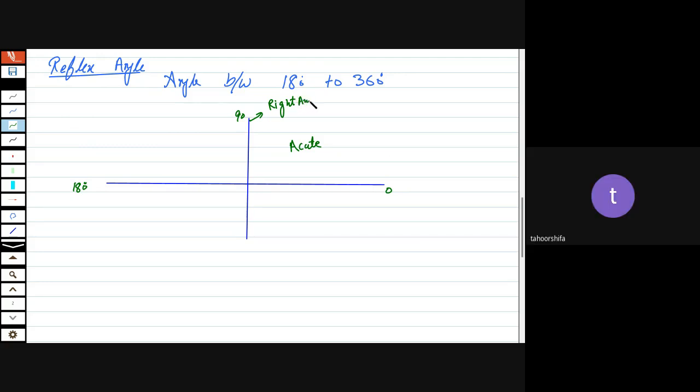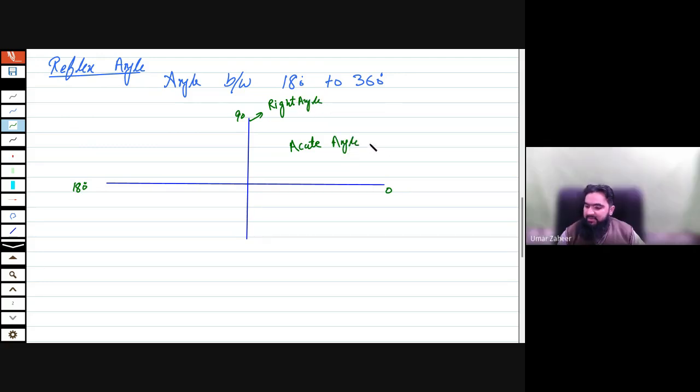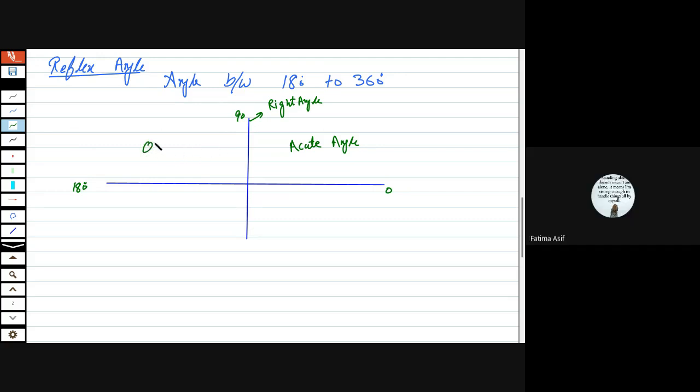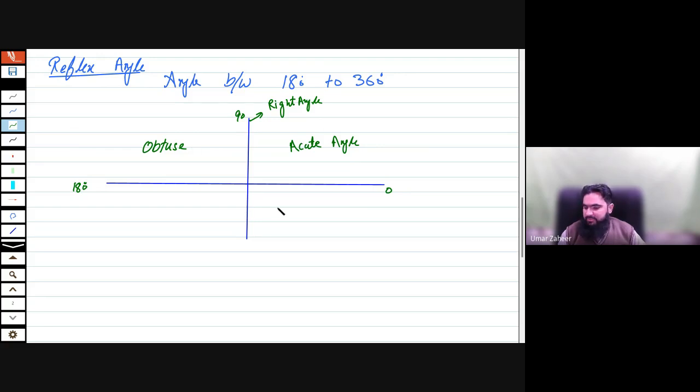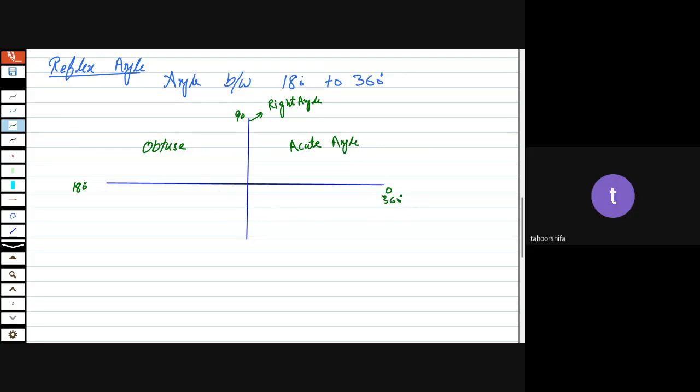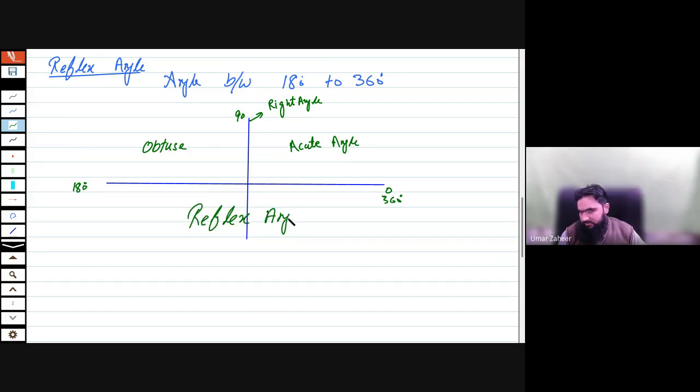The angle that is exactly equal to 90 degrees is known as a right angle. The angle that lies between 90 and 180 is an obtuse angle. And the angle that is between 180 and 360 is a reflex angle.